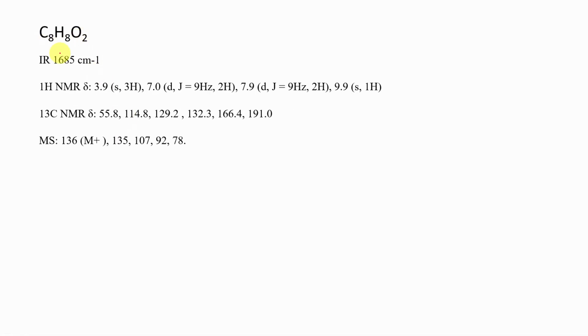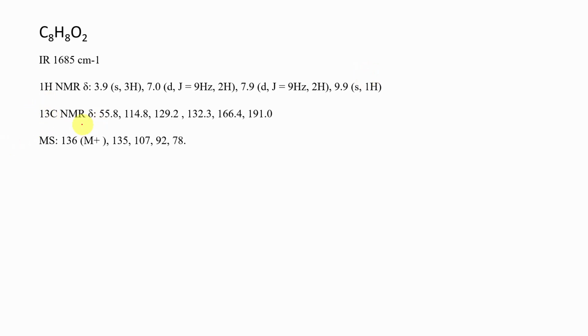Let us consider this molecule with the molecular formula C8H8O2. IR value: 1685 cm⁻¹. NMR values: 3.9, 3 hydrogen singlet; 7.0, 2 hydrogen doublet with coupling constant 9 Hz; 7.9, 2 hydrogen doublet with the same 9 Hz coupling constant; and 9.9, 1 hydrogen singlet.